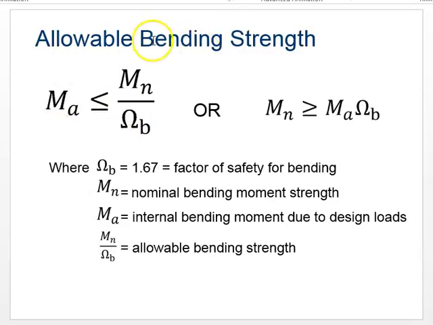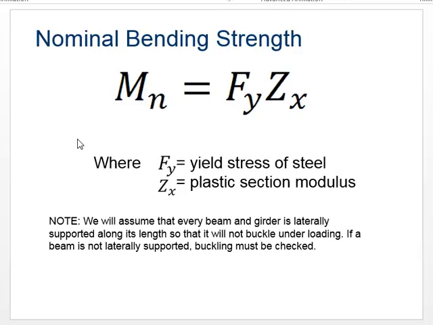Bending. Here we have moments, so that's bending. Notice that the factor of safety is represented by an omega, and we put B for bending. It's 1.67, and again, we can find it by doing this equation. These two are just rearranged algebraically, and we use these to find the nominal bending strength.